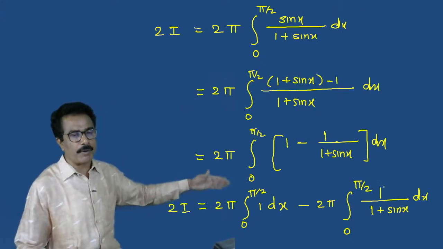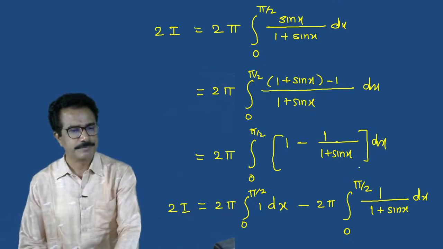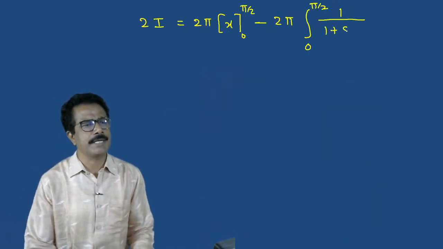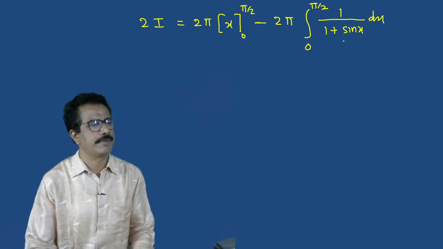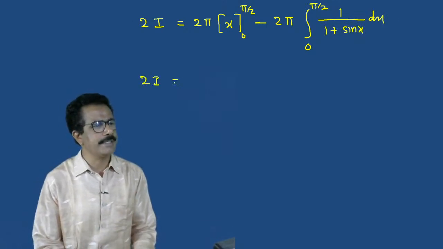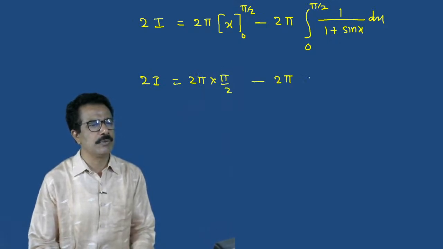We have to use property number 4 here. So 2i is equals to 2 pi into pi by 2 minus 2 pi.